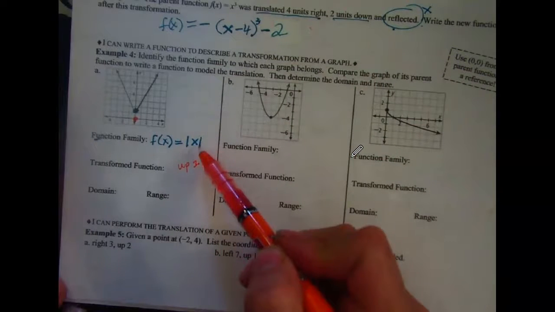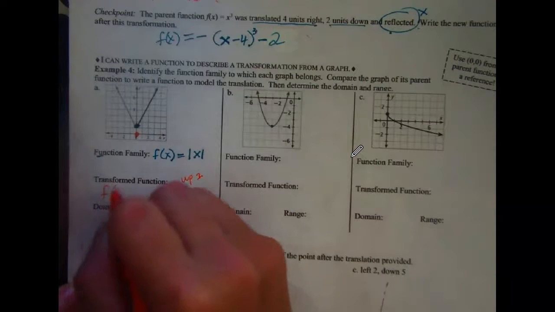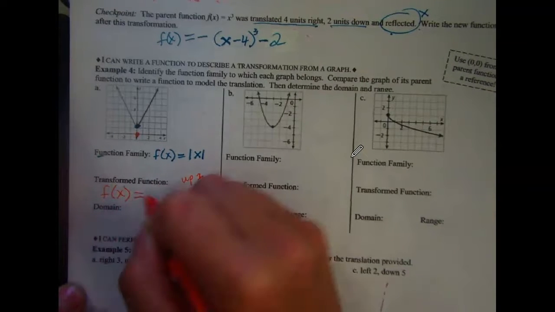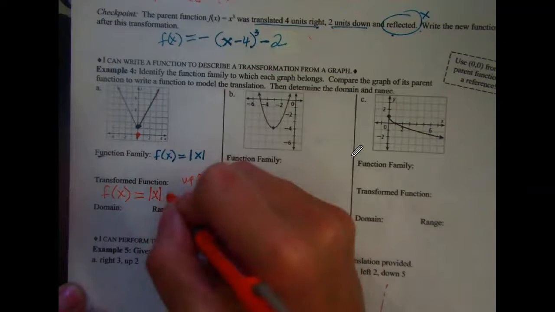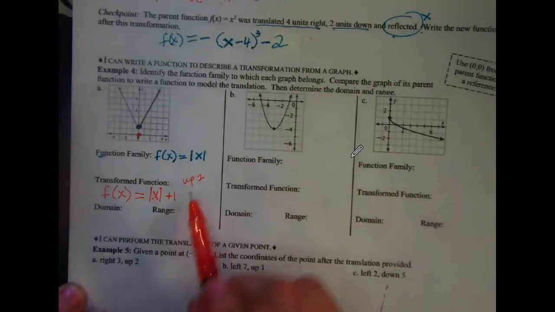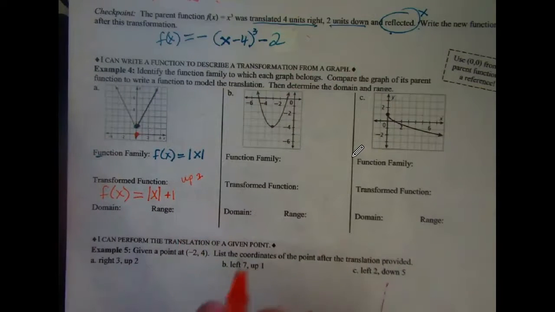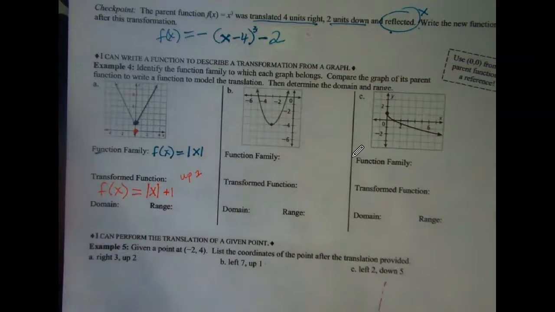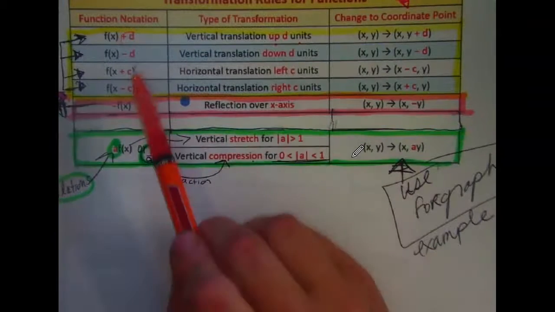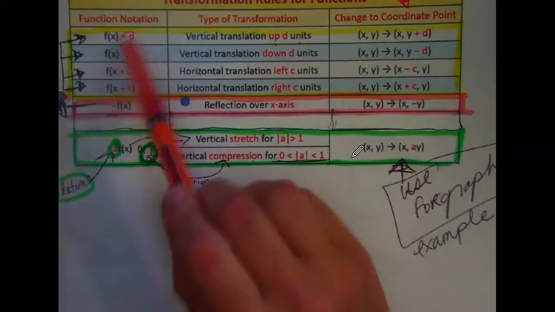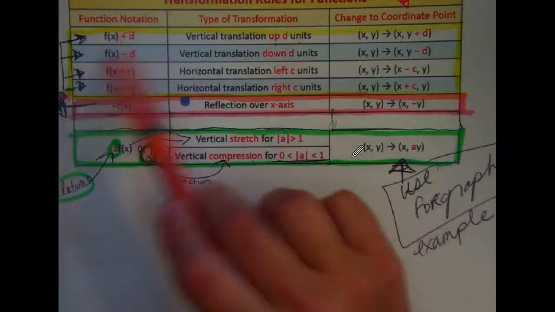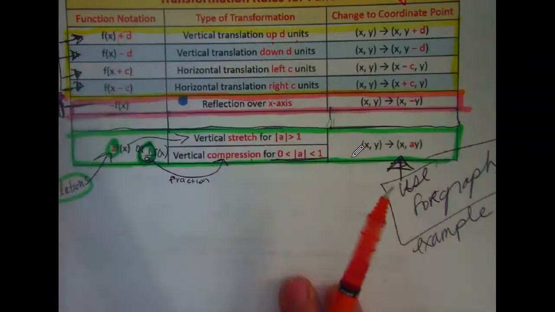So when I rewrite this function, it's going to be f of x equals the absolute value of x, and then plus the 1, because if we go up, it's on the outside. Now, if we were to have gone left or right, we would put things in parentheses altogether. But because of the wording and how the chart shows us, we keep it outside when we go up. Up means you just add something on the outside, and that's it.